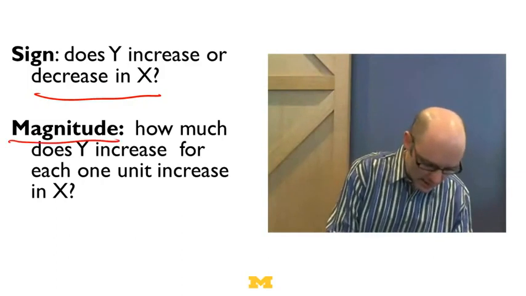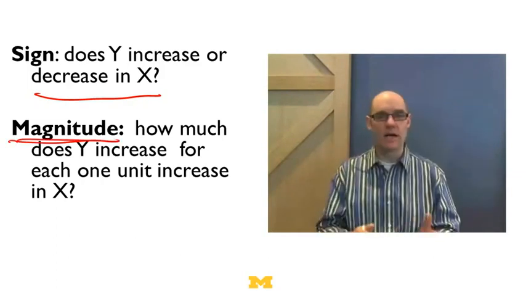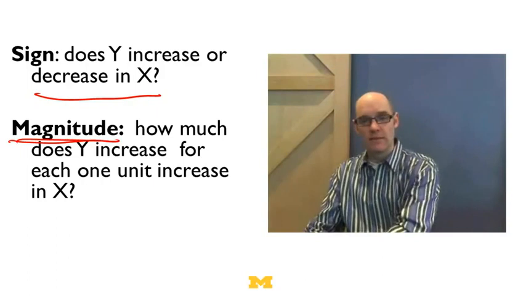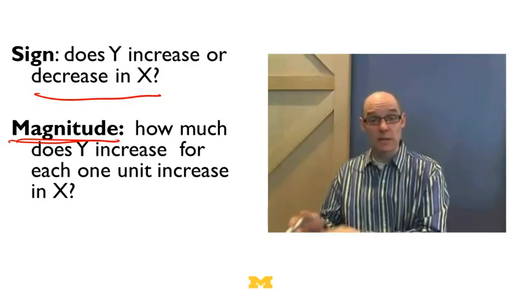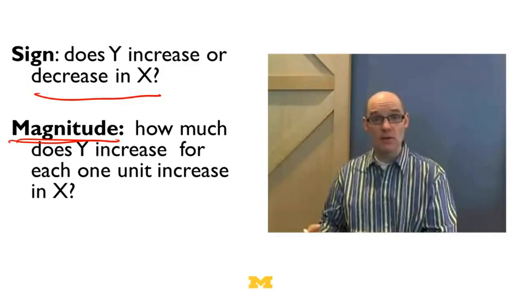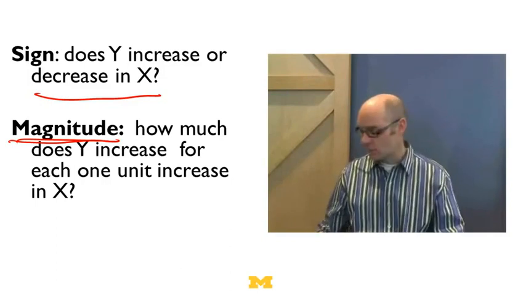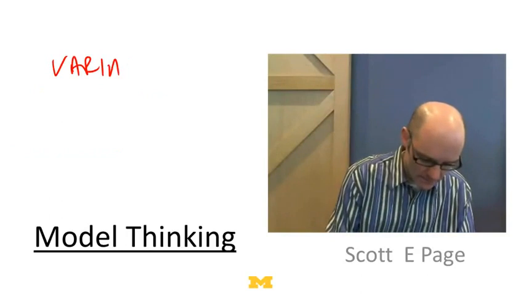You want to say, okay, how big of an effect on Y does a 1 unit increase of X have? And if it's got a big coefficient, that means, wow, this is something I should really pay attention to. And if it's got a small coefficient, it's something that maybe you shouldn't pay attention to. All right, so pretty straightforward, right? Regression output, all it's telling you is how much of the variation did we explain, right?